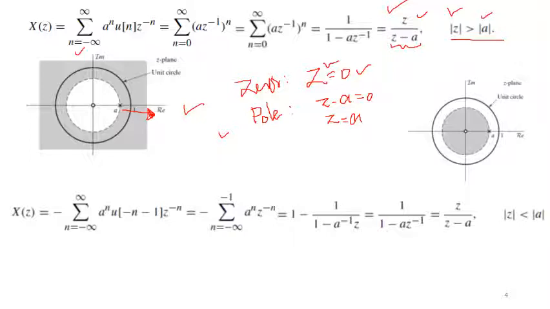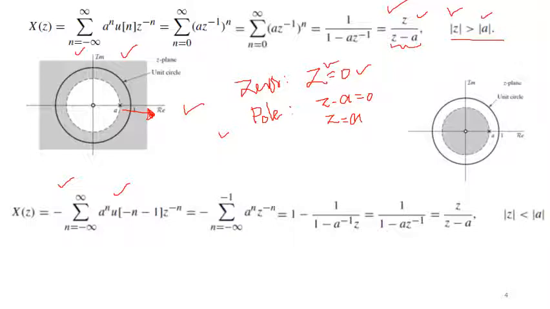Again, we take another example. If you remember, x of n was equal to minus a to the power n, u of minus n minus 1. So that was another example, and you can see that this is basically a left-sided sequence. Similarly, this one was the right-sided sequence, so the region of convergence is outside the outermost pole.